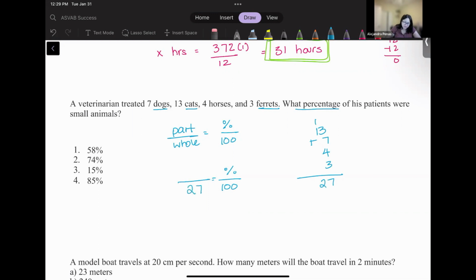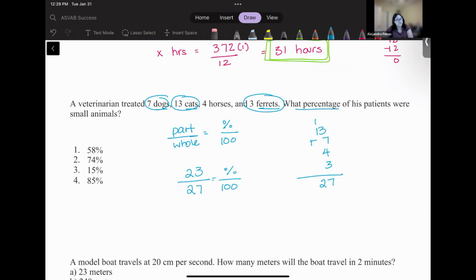So that's 27 patients in total. But we want to focus on just the small animals. So small animals would be the dogs, the cats, and the ferrets. So that would just be 27 minus the 4 horses, so that would be 23. 23 of those patients were small animals.